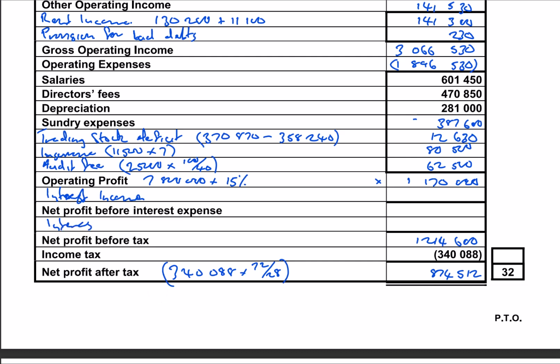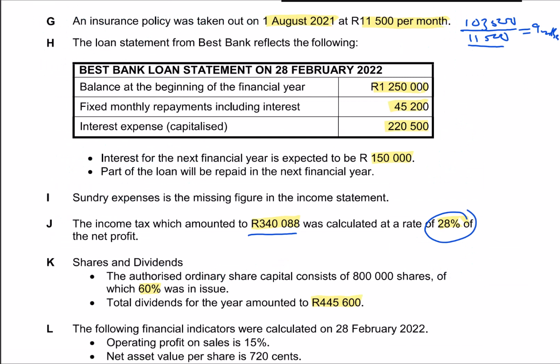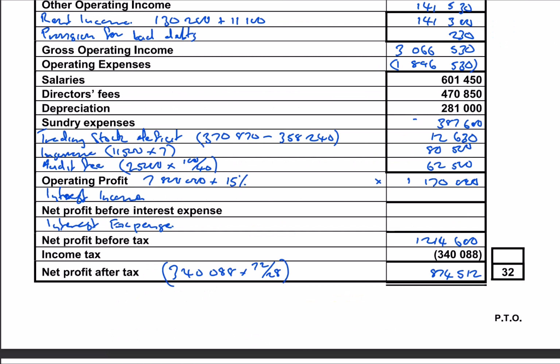Then interest expense or finance costs. We were told in the question that the interest capitalized is 220,500. We just take that directly into our answer. That's 220,500, that's interest capitalized.